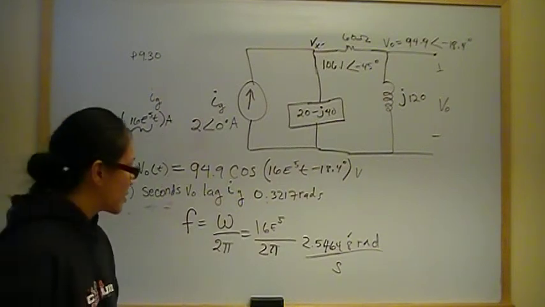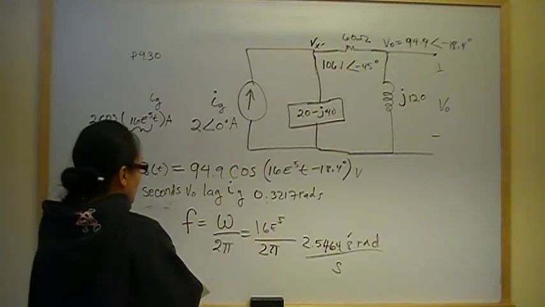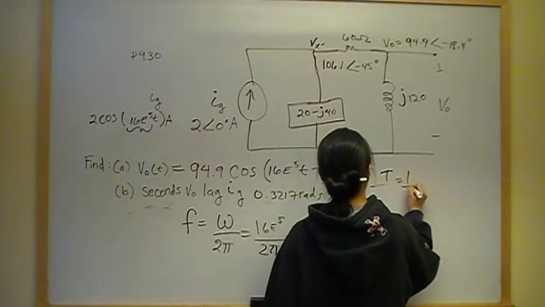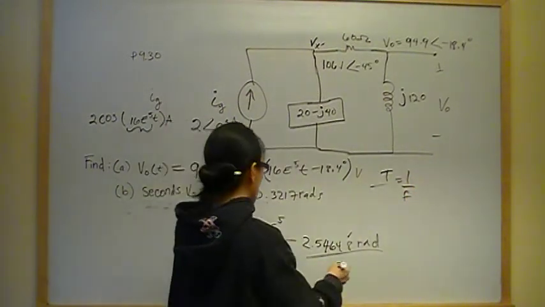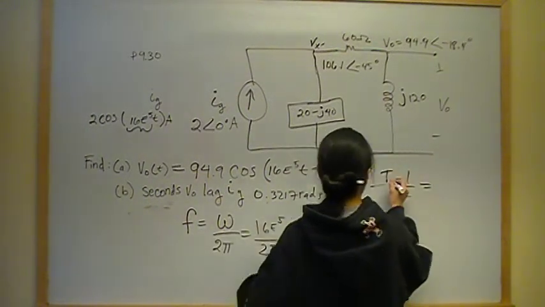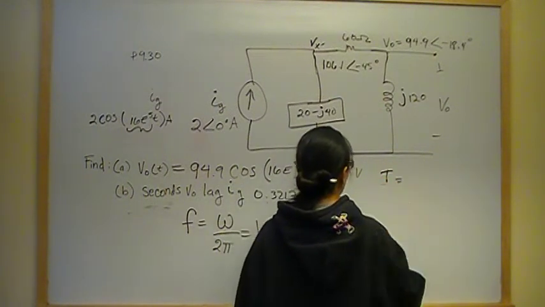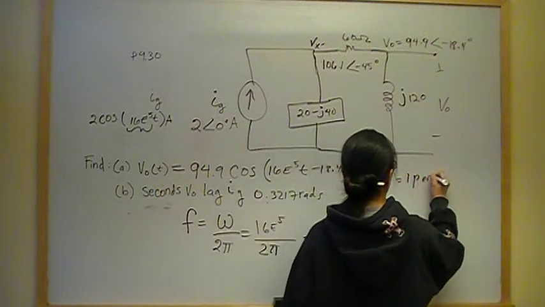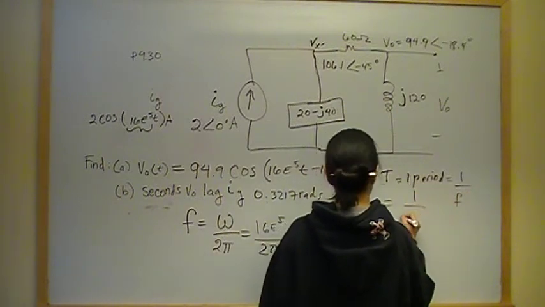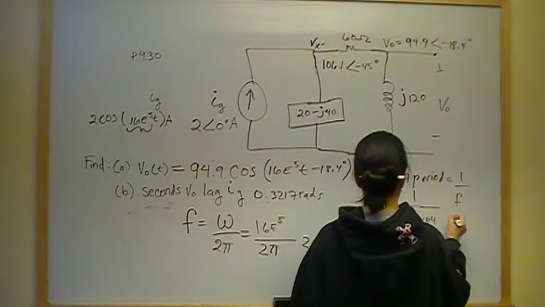Okay, I'm going to stick with my original plan, which is the original way that I did that. We know that time is 1 over frequency, and we have frequency, so all we have to do is say time is equal to 1 period, which is equal to 1 over f, which is 1 over 2.5464 per second.